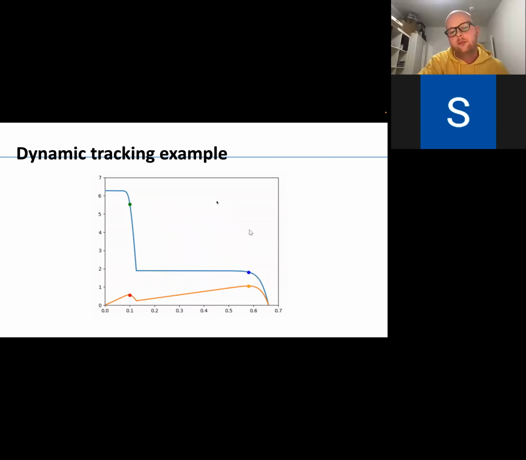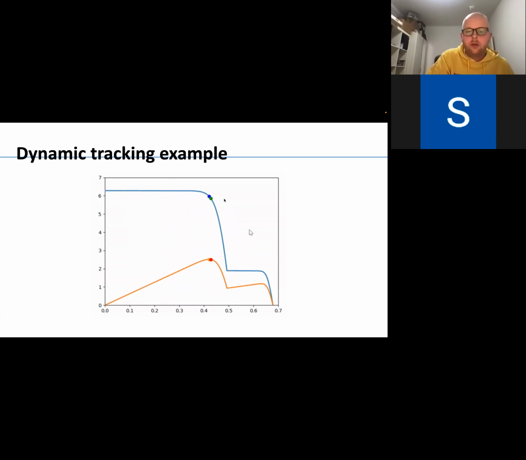Not super clear maybe, but sometimes you just get stuck at the wrong peak. Ideally, if it would always work perfectly, the blue and the green dot would always be at the same spot, and the orange and the red dot would always be at the same spot. But in practice, that's not always the case, as it's trying to look for it and not always sure where to look.